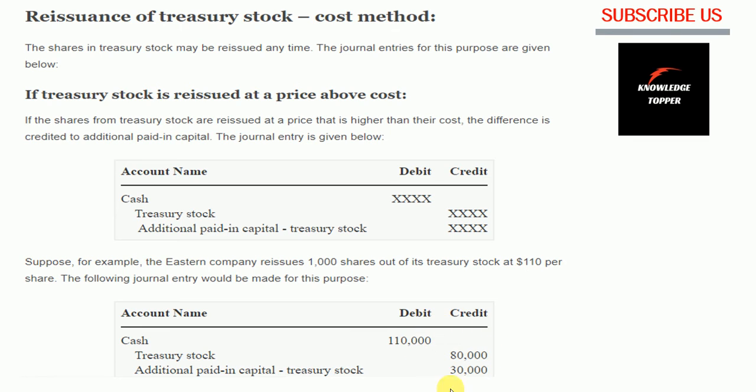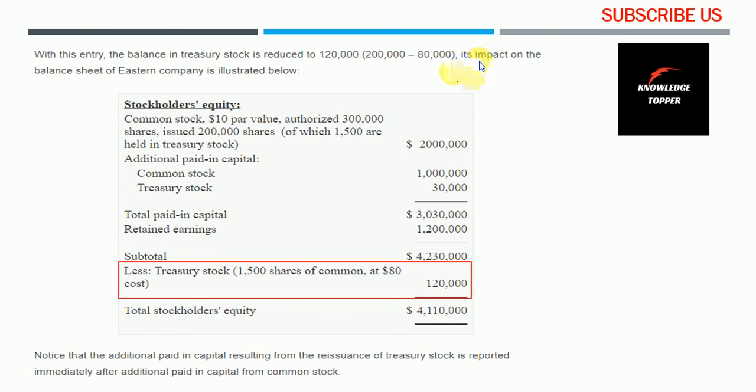So we will minus 2 lakh as part of the repurchase. Eastern Company repurchases their shares with the value of 2 lakh, and now they reissue with 80,000. Now 2 lakh minus 80,000 gives us 1,20,000.